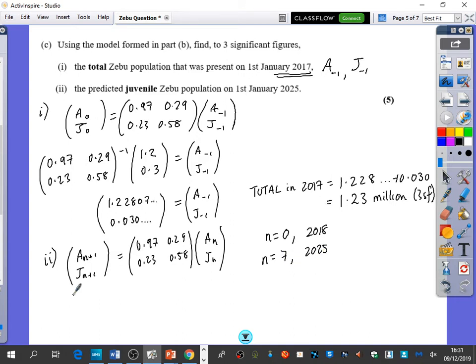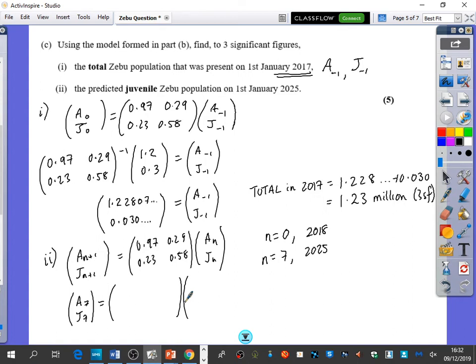So if we're going to try and work out A7, J7, I need to know when it equals 6. But then I need to know when it equals 5. Then I need to know when it equals 4. I need to know when it equals 3, 2, 1. Can you think about what I could do with the matrix? How many times am I going to be applying the matrix? 7 times.